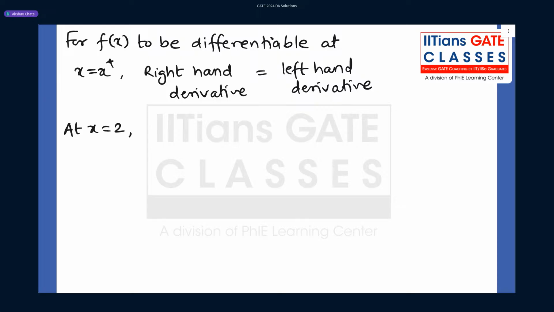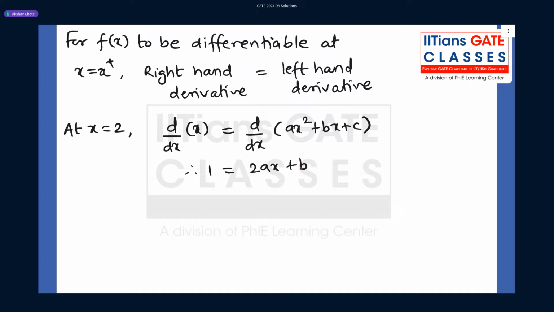If you take the derivative, that will be the derivative of x, equal to the left hand derivative, where you are approaching from the quadratic function to 2. So in that case it will be ax square plus bx plus c. So this is 1 equal to 2ax plus b. So this is your third equation.